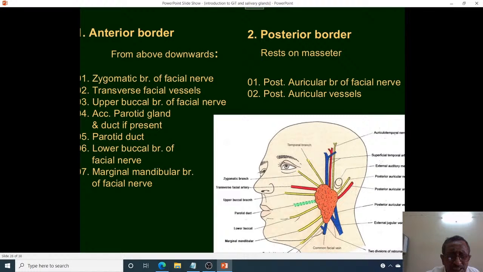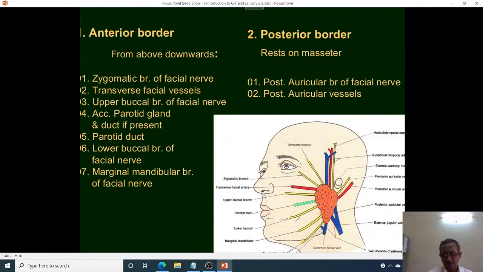Before the zygomatic branch we have the temporal branch, then zygomatic, upper buccal, lower buccal, marginal mandibular and cervical branch. The posterior border is related to the posterior auricular branch of the facial nerve.